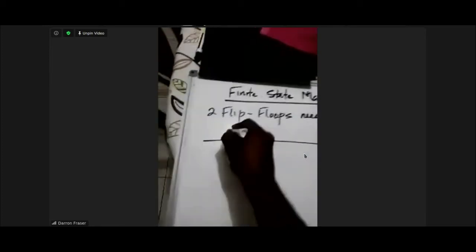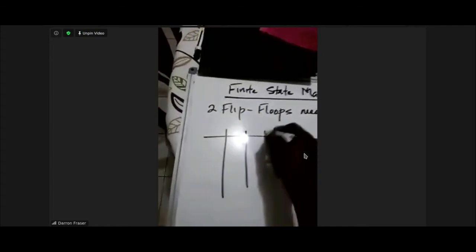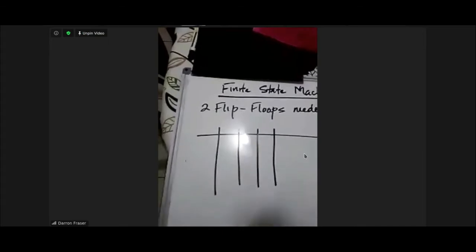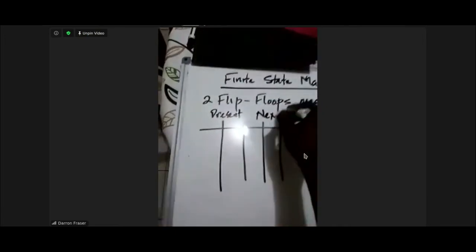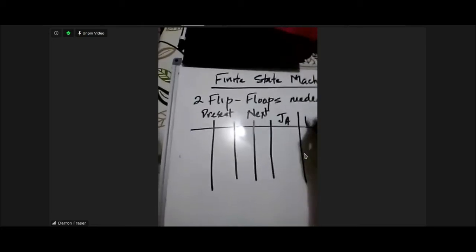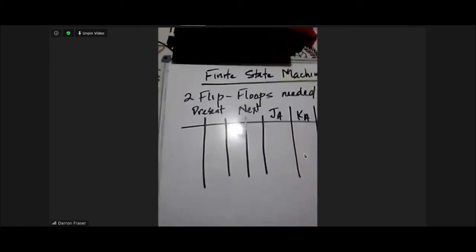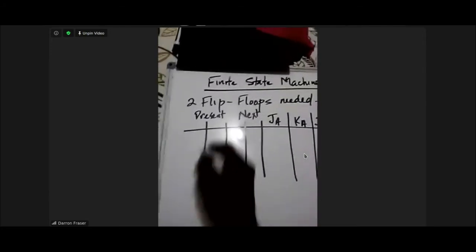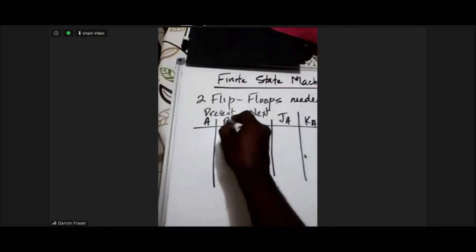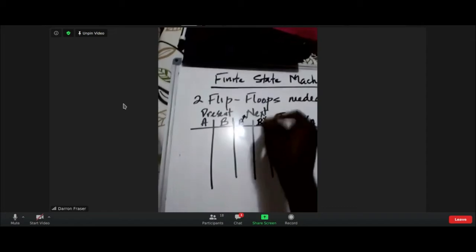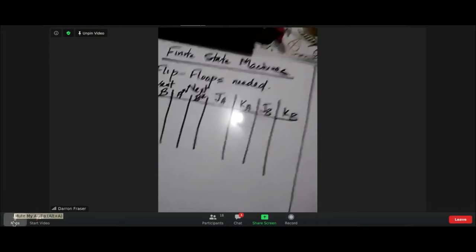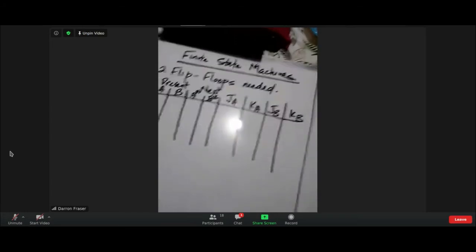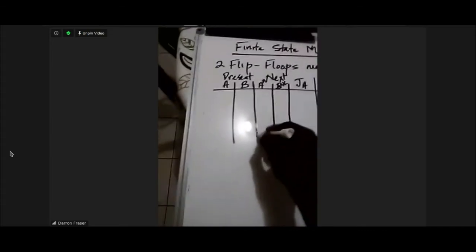And we're going to set up a big table now.